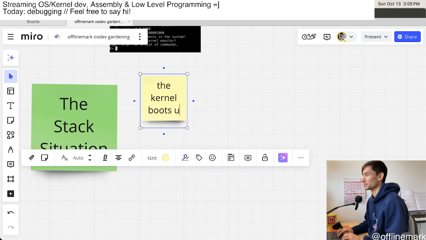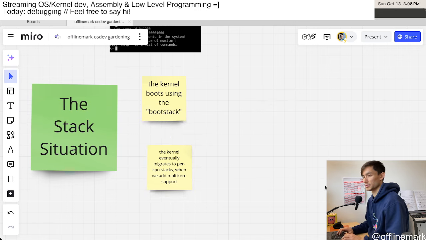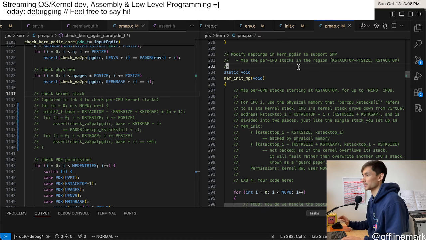Kernel boots up using the boot stack. Kernel eventually migrates to per CPU stacks when we add multi-core support. I'm just writing down what I know about the situation.